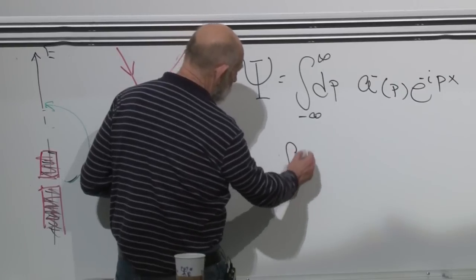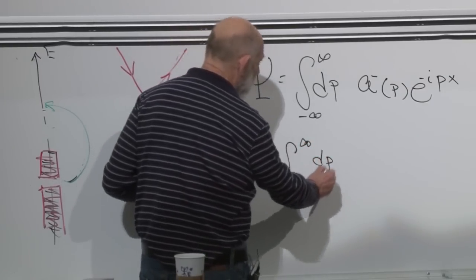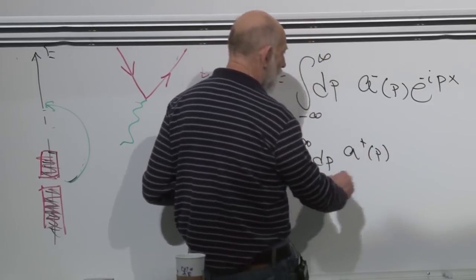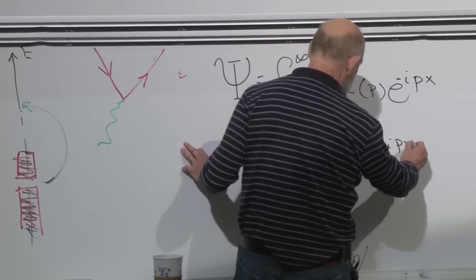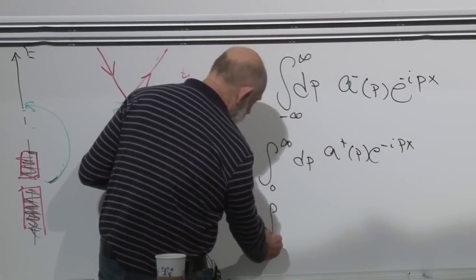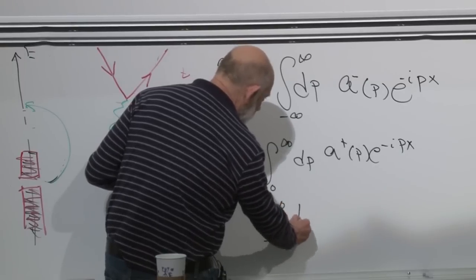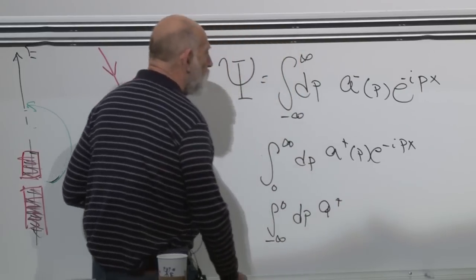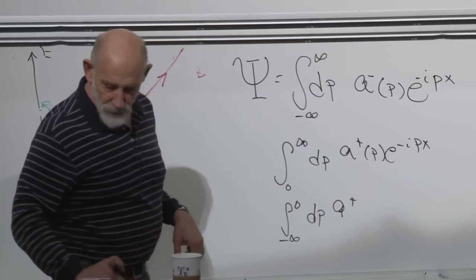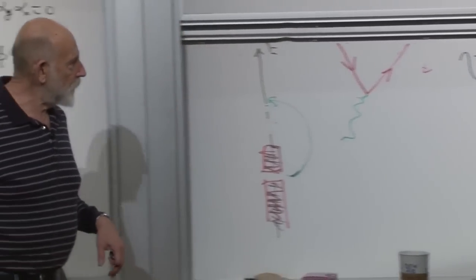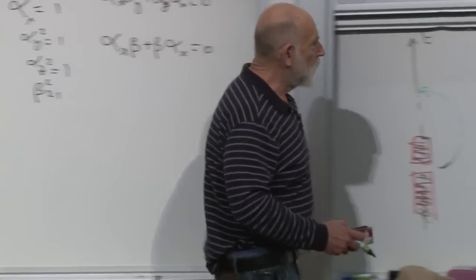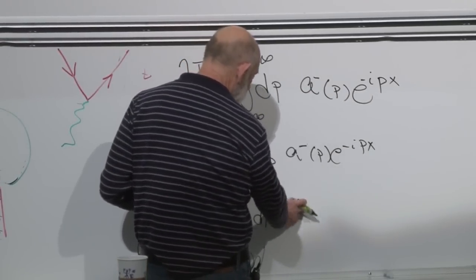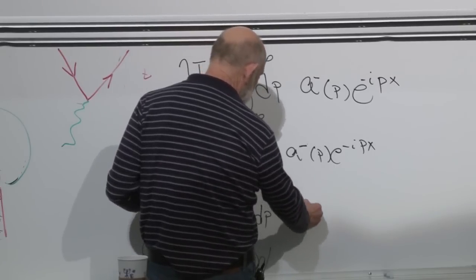An integral from 0 to infinity dp, annihilation operator for a positive momentum or positive energy electron, e to the minus i px, and another term from minus infinity to 0, dp, annihilation operator now, my mistake, same thing as here. Annihilation operator for a negative momentum particle.